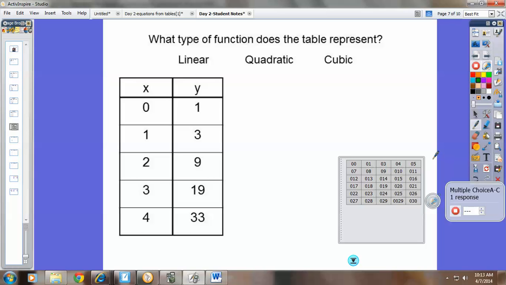All right, so the clickers are set up for this problem. I believe it's your next problem on your sheet.